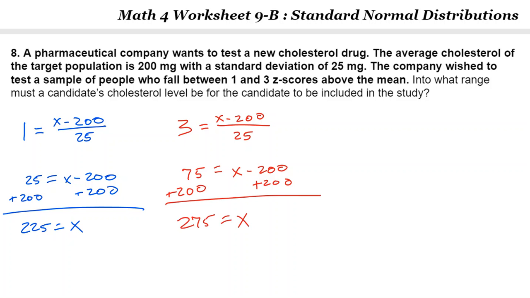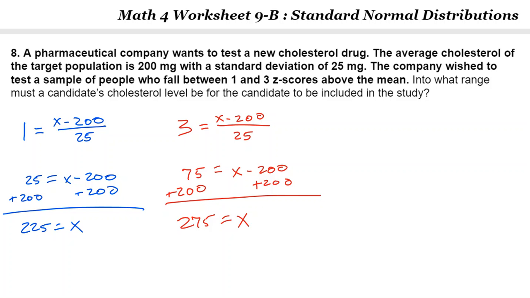So now, understand what this means. This means that this pharmaceutical company is testing a drug and they're checking the average cholesterol of the population. And, you know, the stuff in the middle, that's fine, but the stuff that's above the middle, people have too much cholesterol.